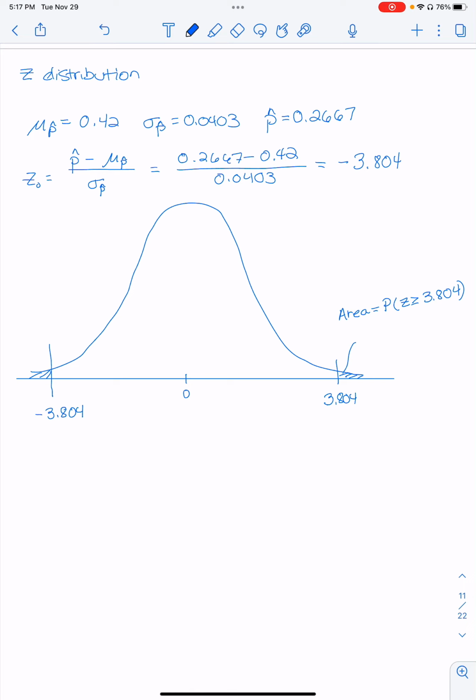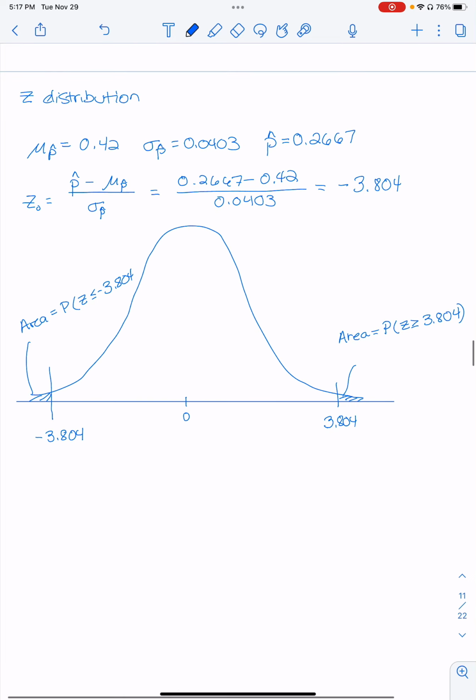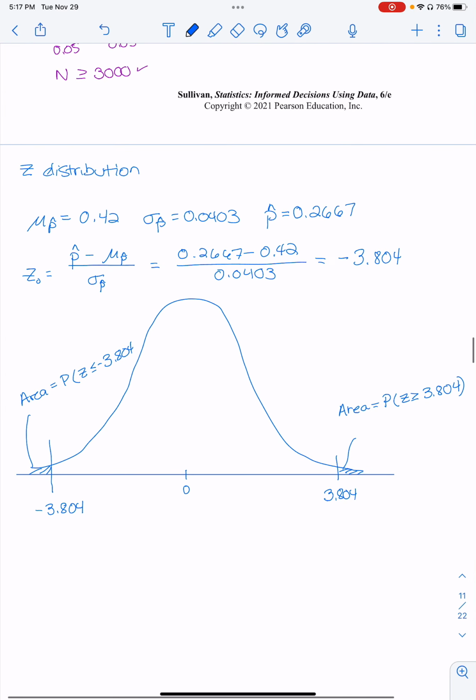And then I have an area over here that's equal to the probability that z is less than or equal to negative 3.804. And I want to add them together because I'm looking for whether or not it's different. And if you remember right, I said we were going to use an alpha of 0.05 for this one, just to start.